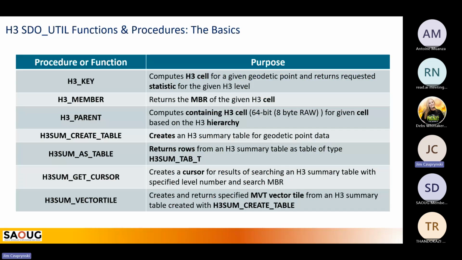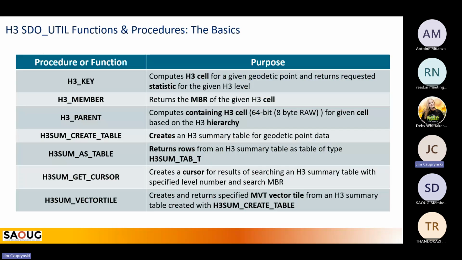Well, unlike vector tiles, we have other functions to deal with. And I'm not going to go through every single one of these and read them to you. That would insult your intelligence, right? But I know, given a given geodetic point, what its H3 key is. I also know what its parent is and what member it belongs to.